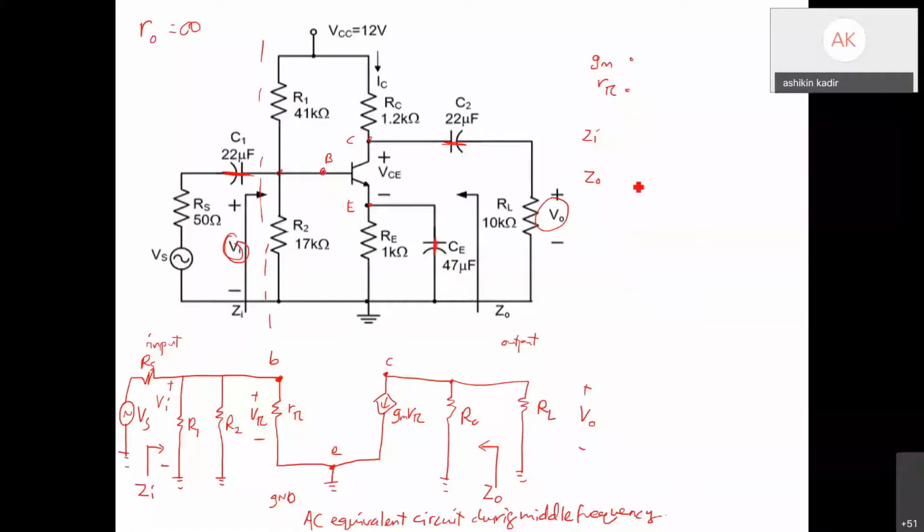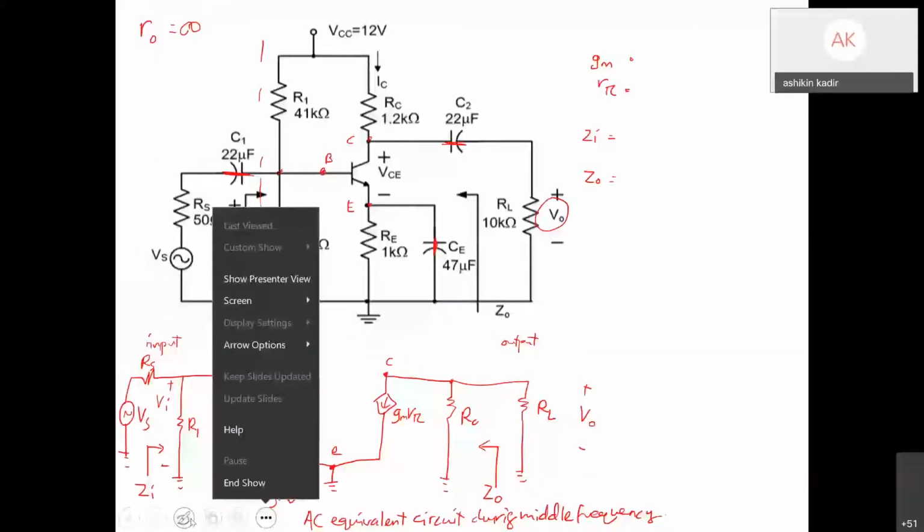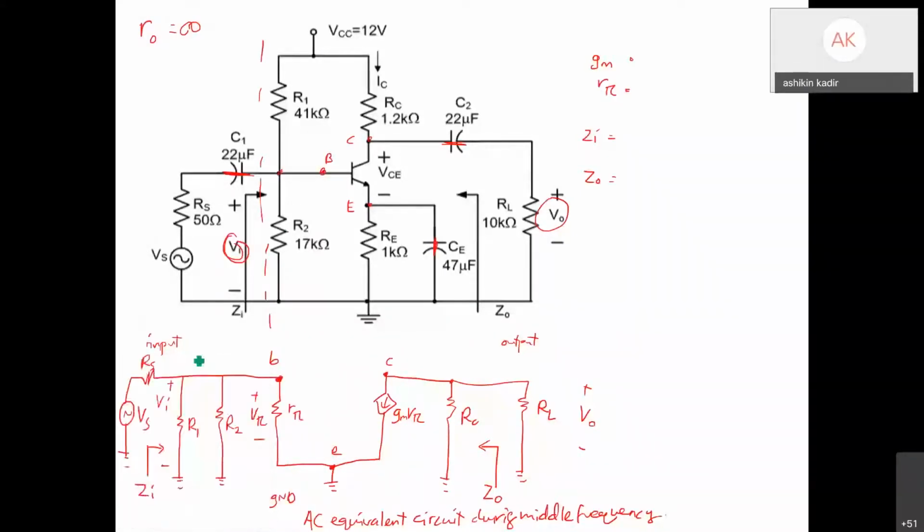Alright. So here you can see your ZI. ZI equals to R1 parallel R2 parallel R pi, while your Z out equals to only one resistor.